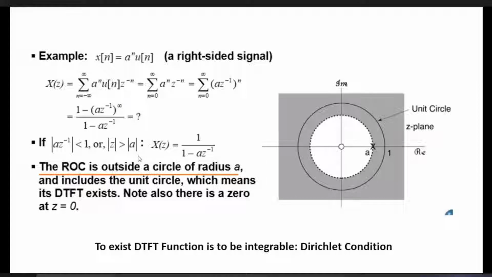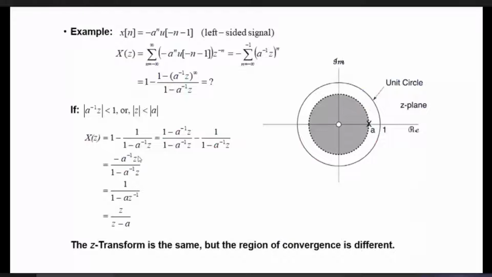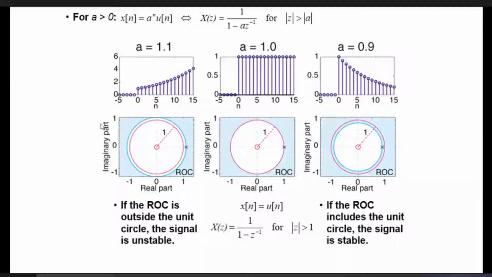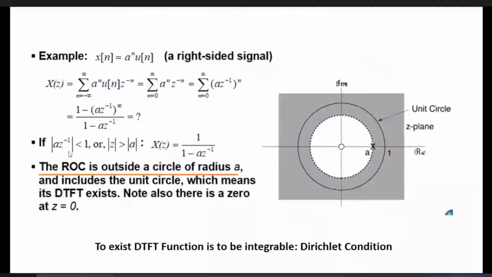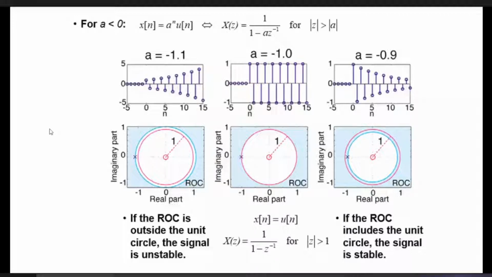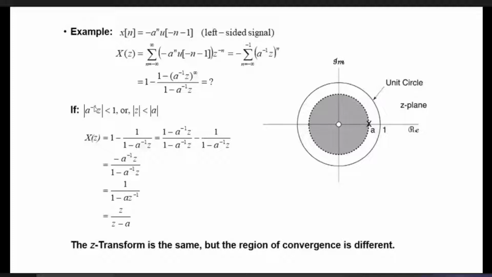But in this case, |a inverse z| is less than 1. Here that one was a z inverse, and now here it is a inverse z. Okay. |z| less than |a|. So that means it is less than some value.